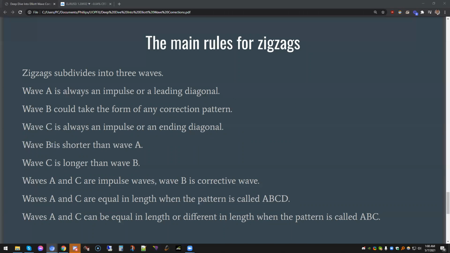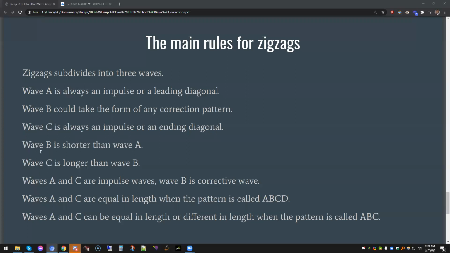A leading diagonal and an ending diagonal are very similar in nature to each other. The only difference is one continues the trend and the other brings the trend to an end. So the ending diagonal will cause price to reverse, while the leading diagonal will have price continue in the direction of the trend.